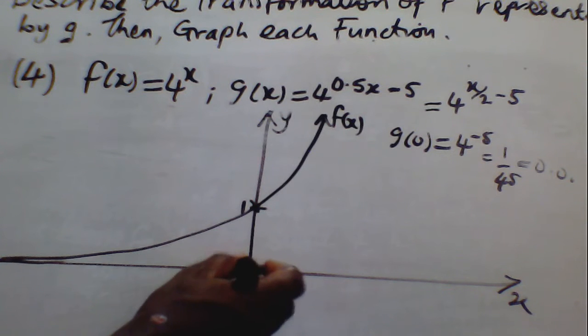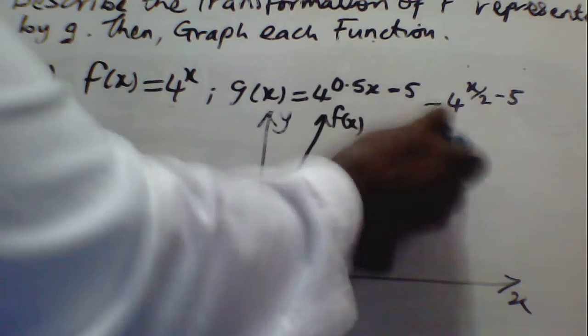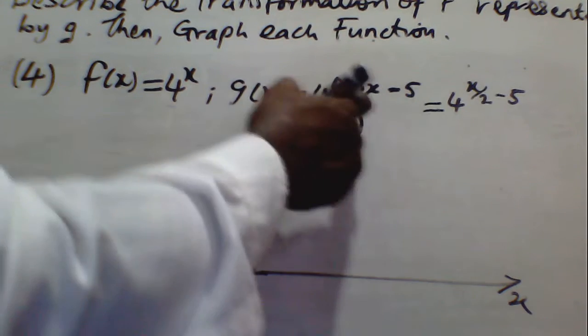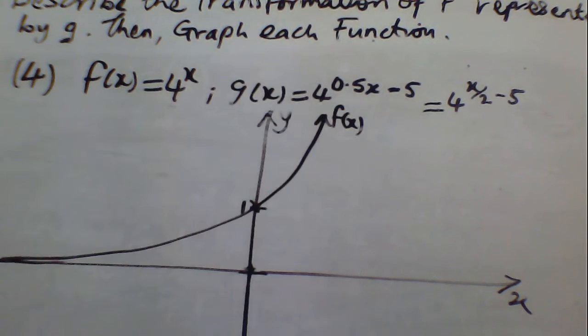It won't touch the line. So it won't give us a clue of how the curve will look. We need something that will give us a clue how the curve will look, that will make g of x close to 1, not close to 0. So to do that, let x equal 10.